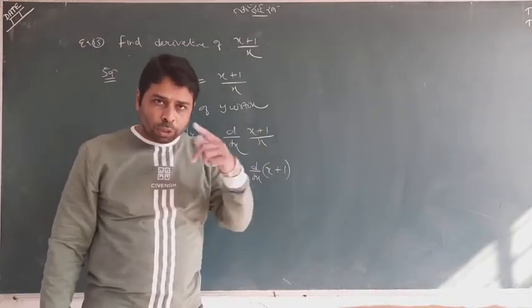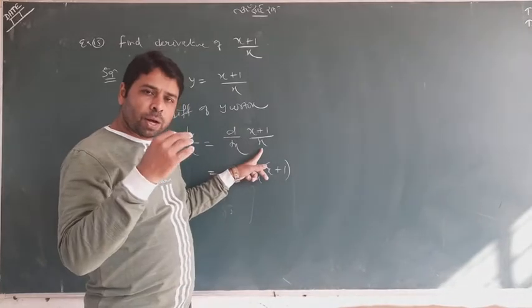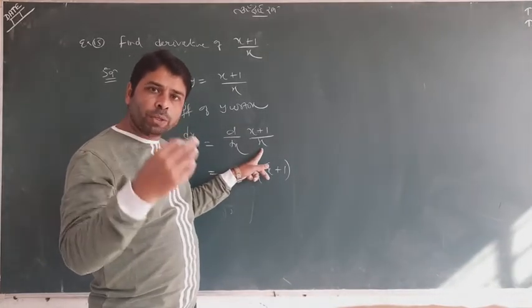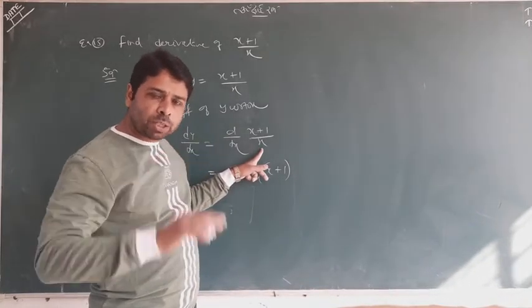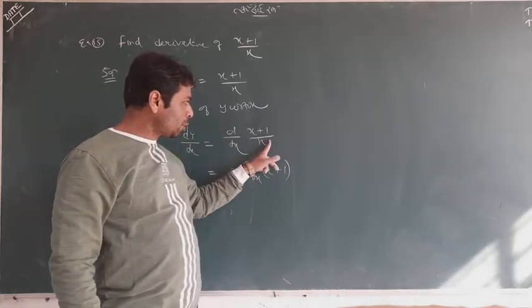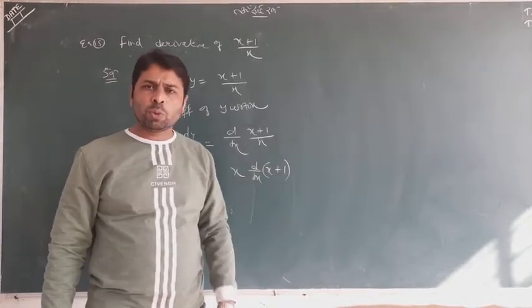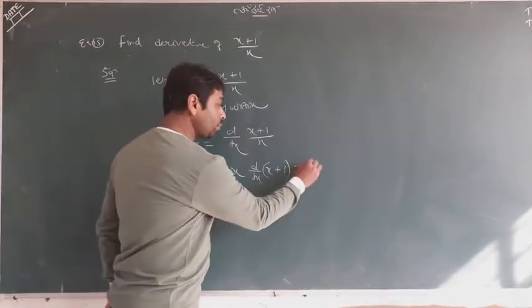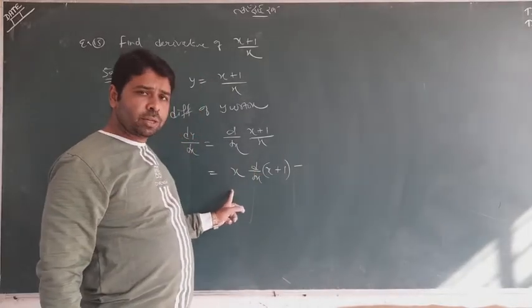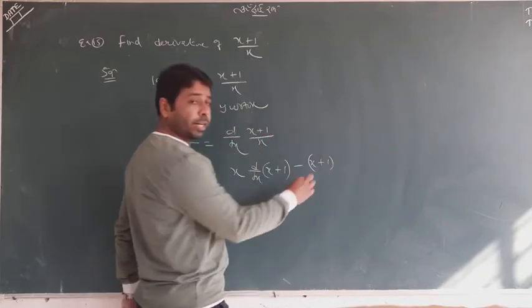Whenever more than one term is coming, use a bracket, whether in the numerator, the denominator, or anywhere. Suppose it is x plus 2, you write x plus 2 in a bracket. This time x was alone, so I need not use a bracket. Okay. Denominator as it is, differentiation of numerator minus numerator as it is. Look at the bracket I used.